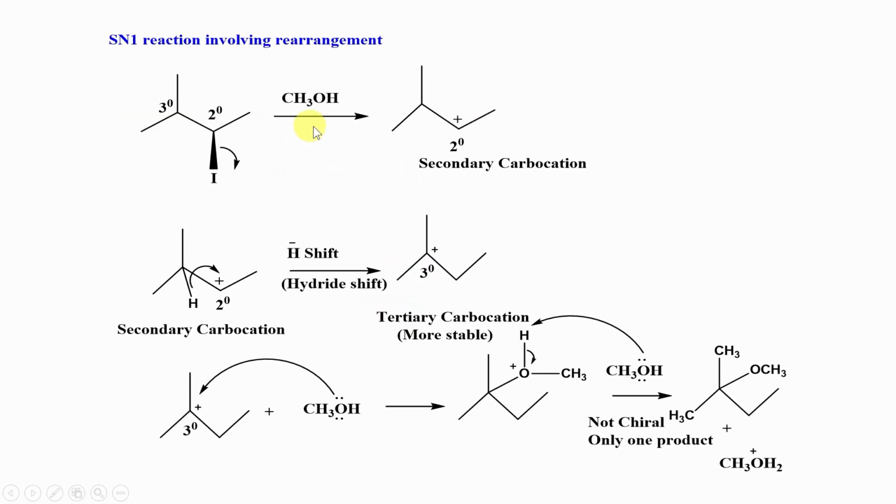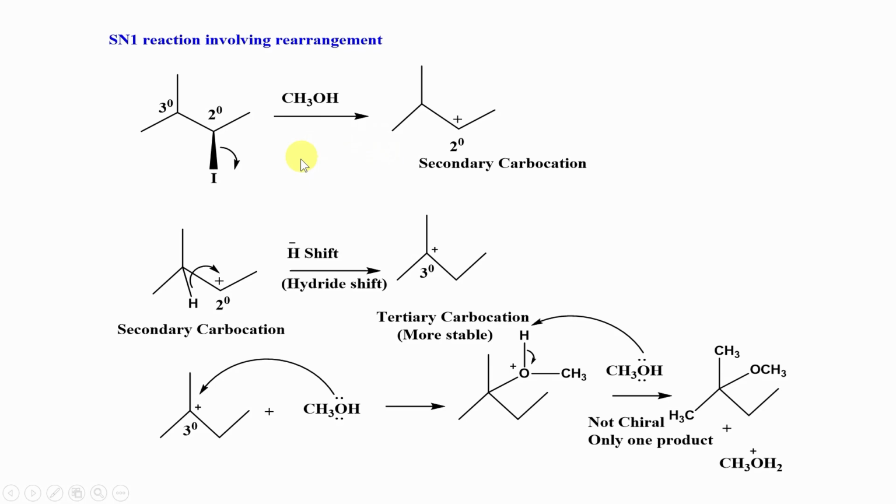Okay, one of the important characteristics of SN1 reaction is that it usually involves rearrangement, because the rate determining step involves the formation of a more stable carbocation.